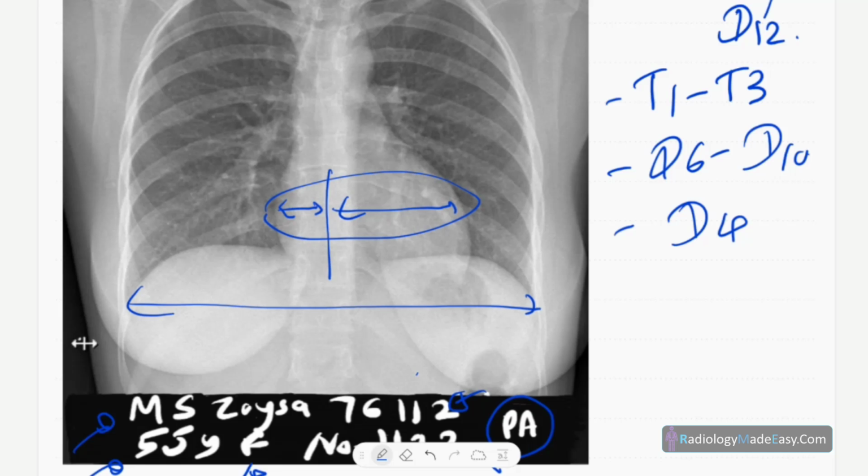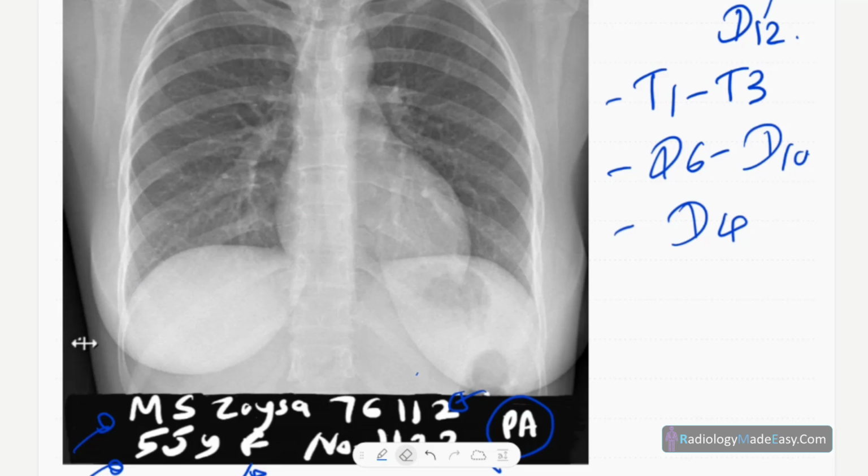You add the maximum lengths of the right and left heart border, and divide by the maximum diameter of the chest wall. It should be less than 50% in adults and less than 60% in children. So that's the size. This is the normal shape of the heart.